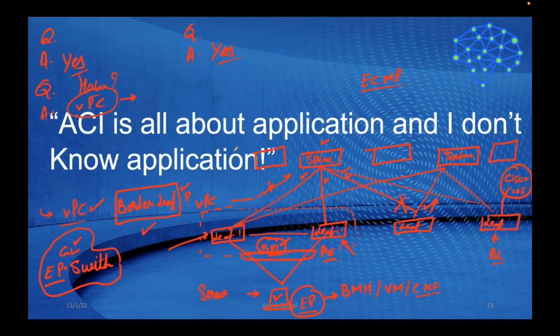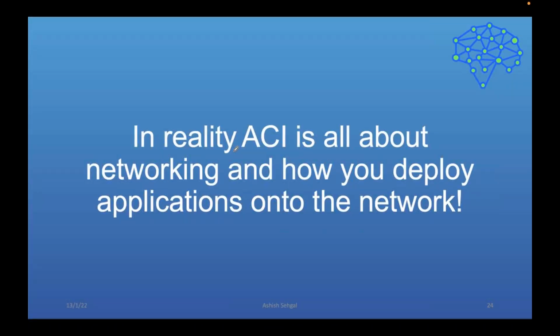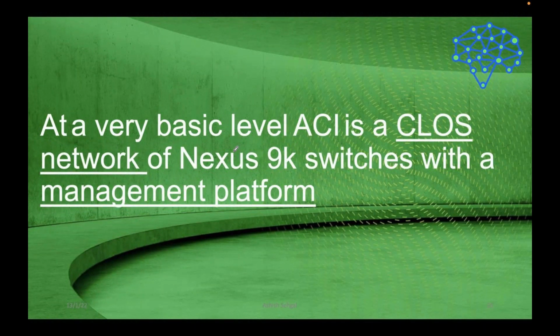Okay, and you know what? I have actually messed up this diagram, so let me make a simpler diagram once again. In fact, spine switches and the leaf switches. Connectivity, connectivity, connectivity. There is a leaf switch.